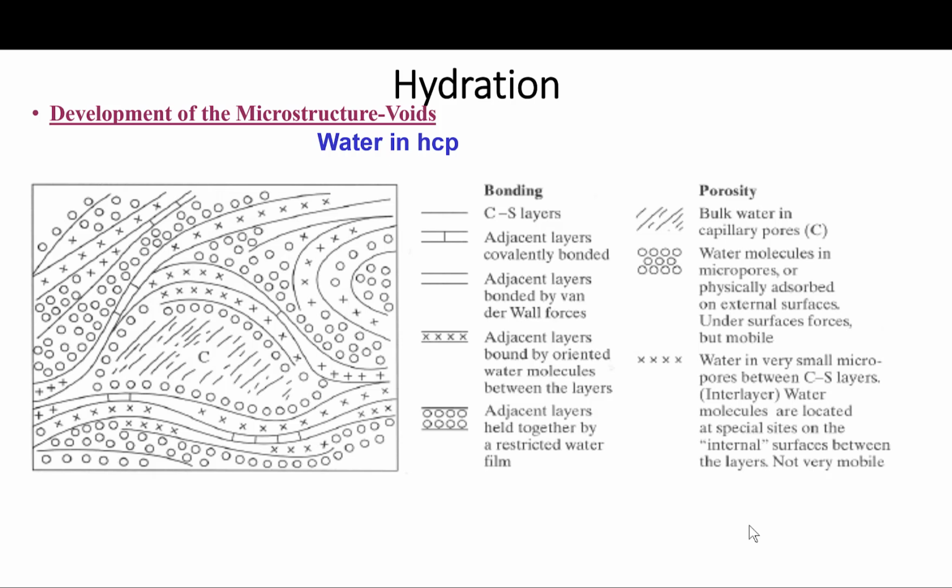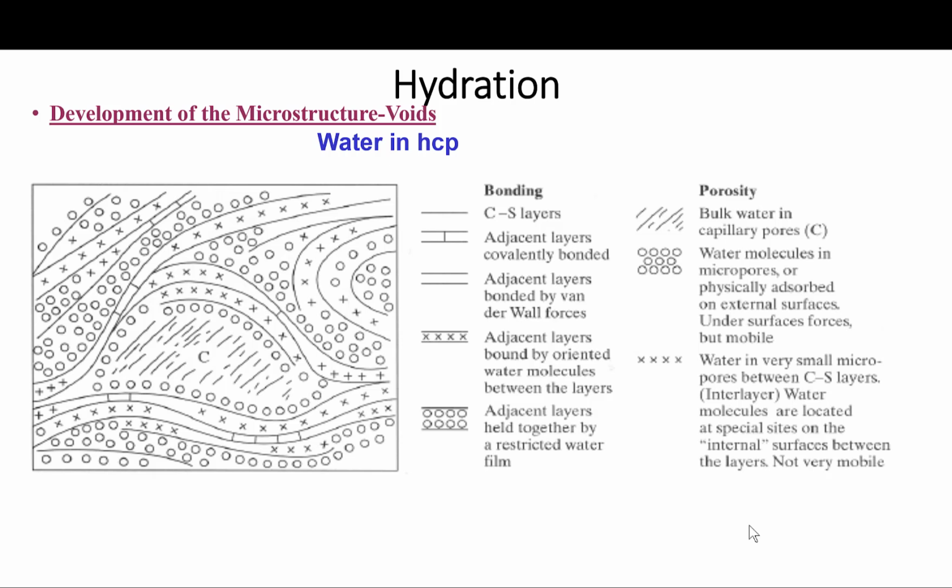In spite of this, this classification is useful for understanding the properties of the hydrated cement paste. In addition to vapor in empty or partially filled voids, water exists in the hydrated cement paste.